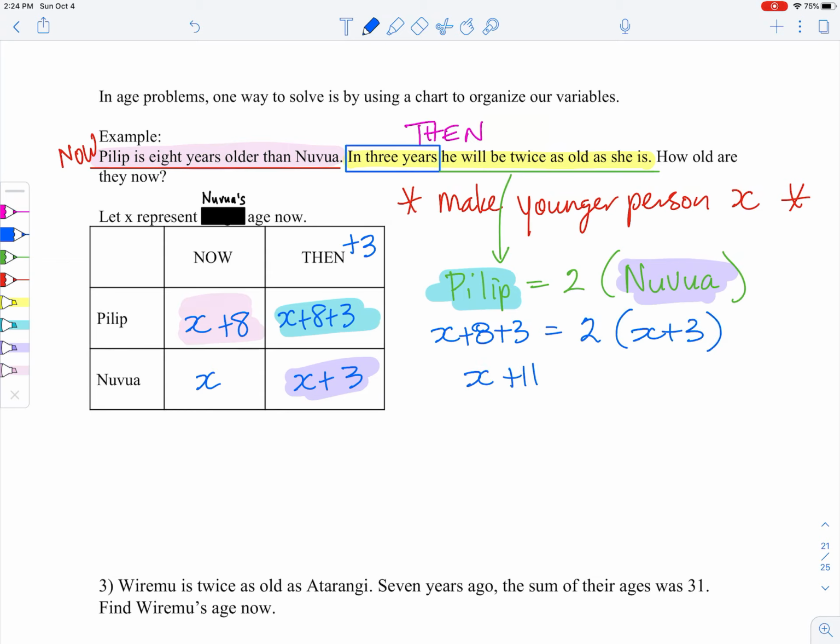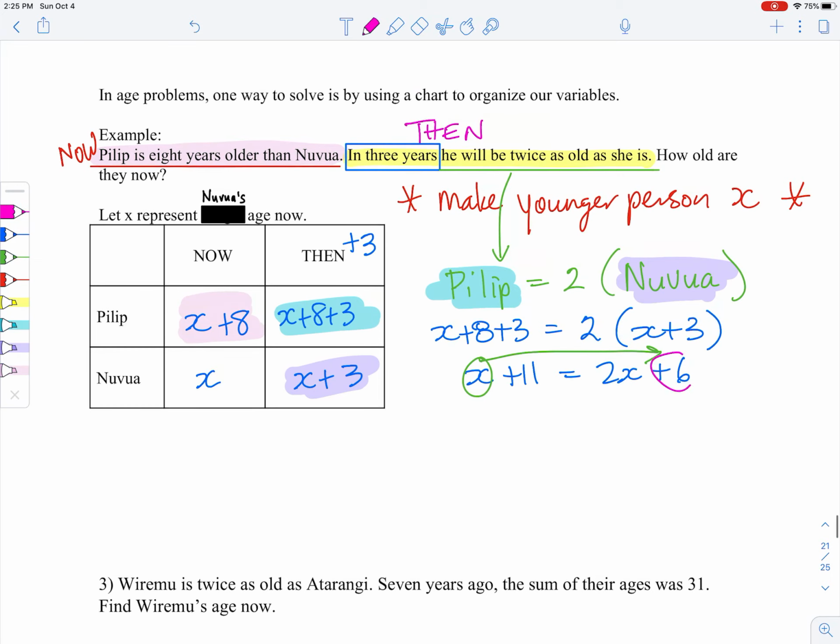So on this side, I get X plus 11 equals, I'll distribute, 2X plus 6. I'm going to bring the X to this side, and I'm going to bring the plus 6 to that side. So I'll get 11 minus 6 equals 2x minus x. So 5 equals x. We've solved for x.